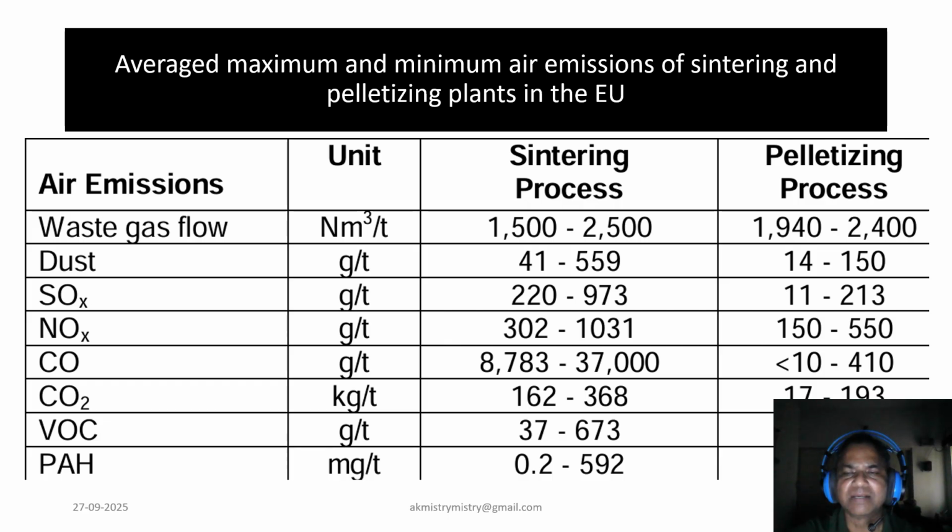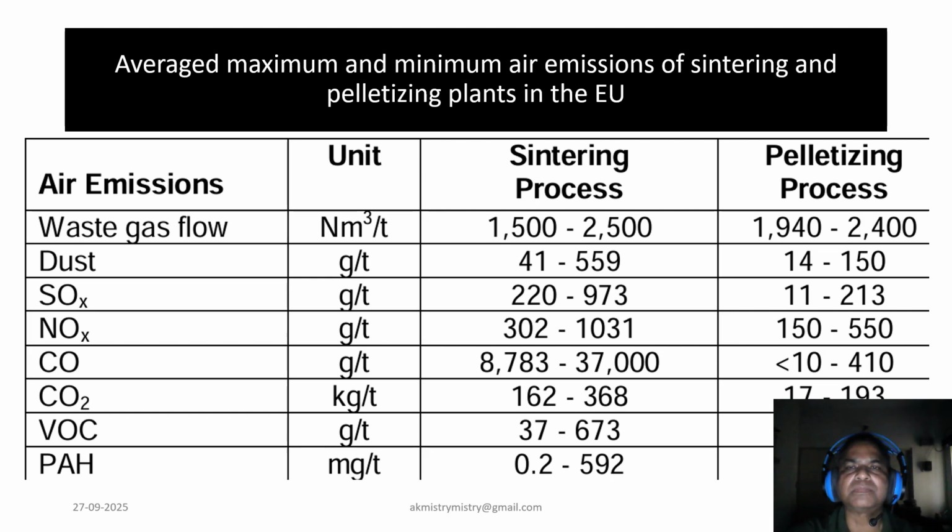So we can see that the pelletizing process is going to have more reward as far as gas flow is concerned, and the dust and outgoing gases from the system, SOx and NOx, are concerned. Everywhere, pelletizing has more advantage compared to the sinter plant.